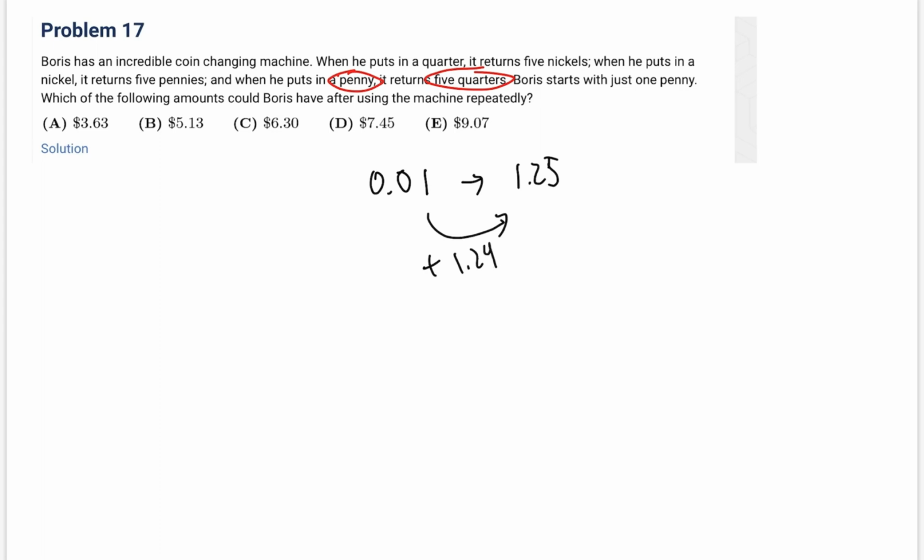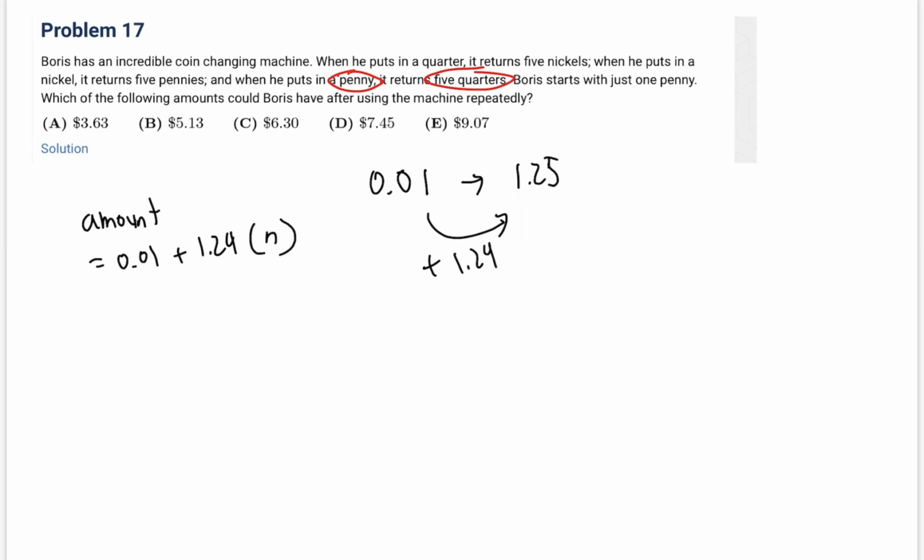For it to add 1.24 every time, the amount should be 0.01 plus 1.24 times an integer number of times.